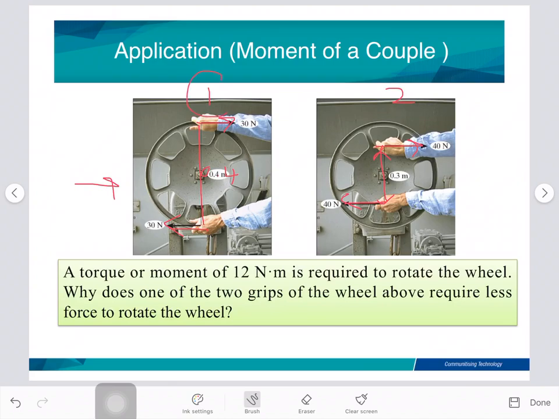Figure 1 requires less force than figure 2. Why? It is because figure 1 has a larger distance than figure 2. That is why figure 1 has less force compared to figure 2.